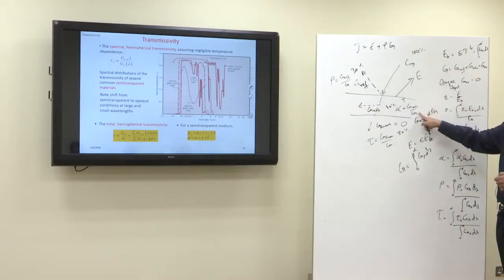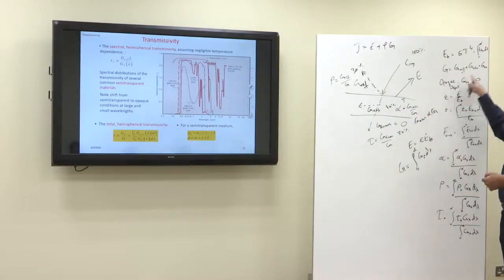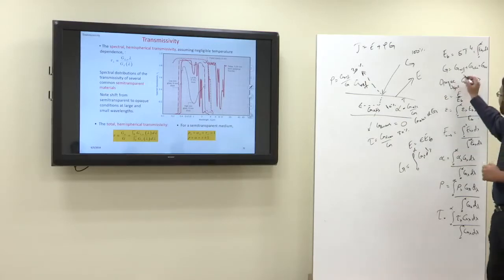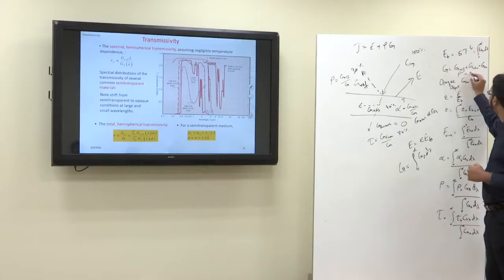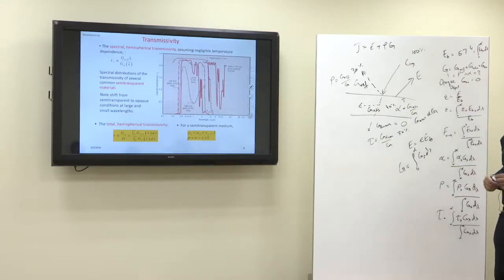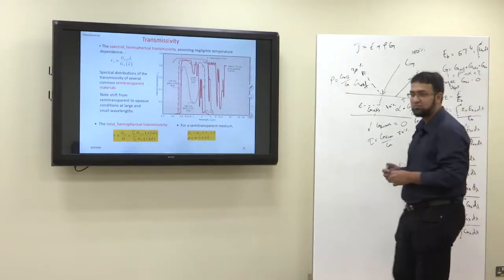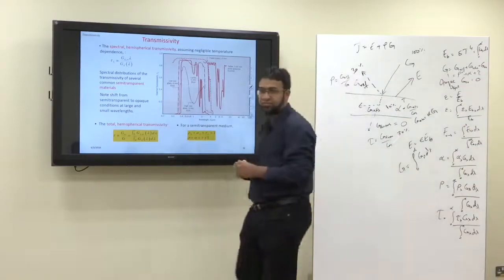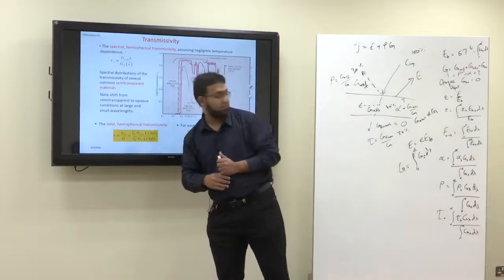Alpha G. G transmissivity will be what? Tau G. So cancel G, all divided by G equals. So it will be rho plus alpha plus tau is equal to 1. That's an important relation. Is this clear? Okay.